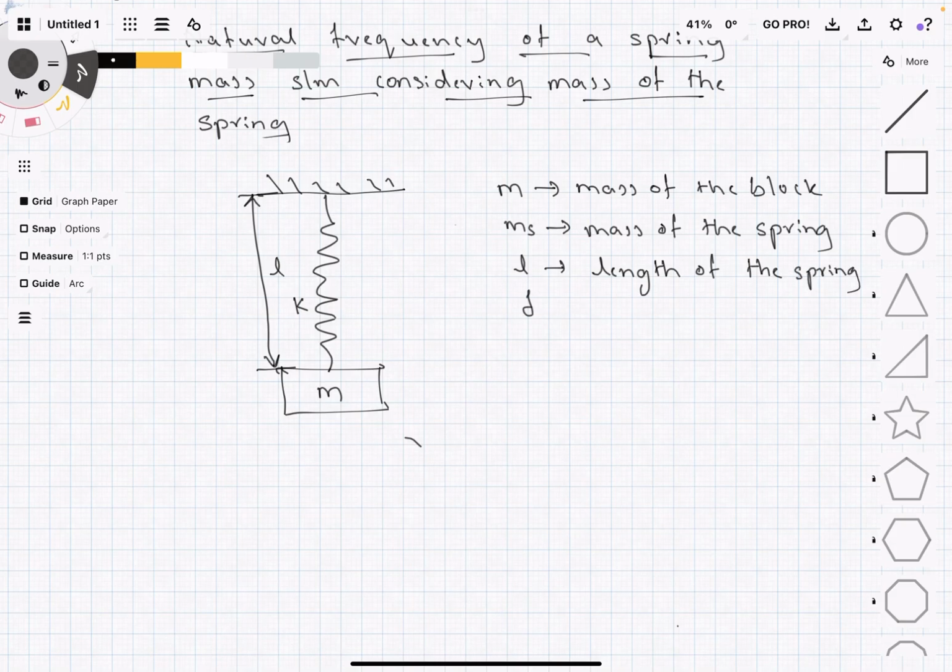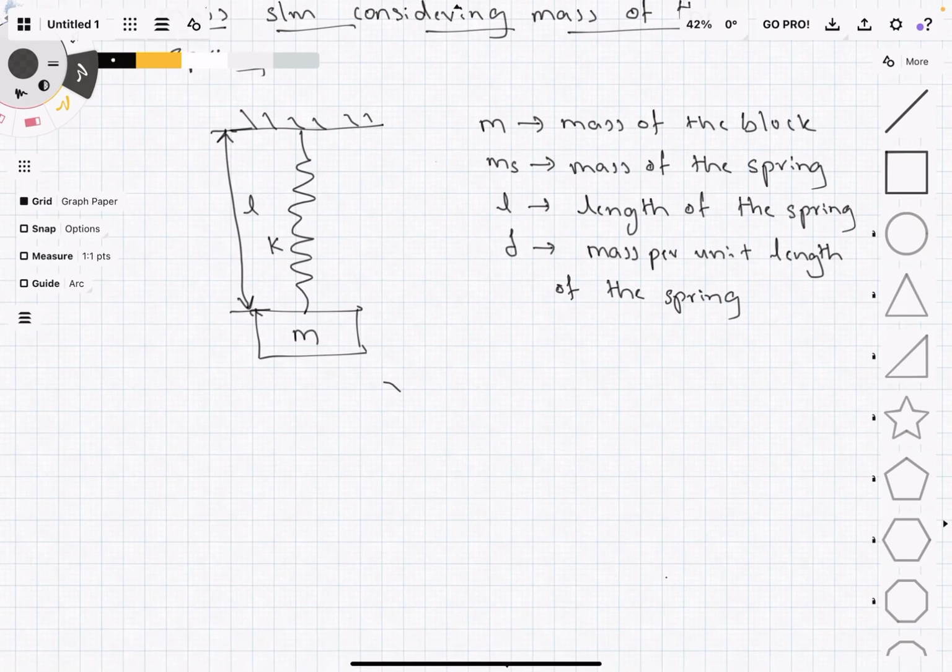We'll be using a term called delta here. Delta should be mass per unit length of the spring.